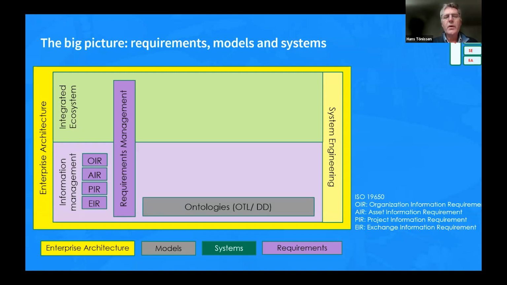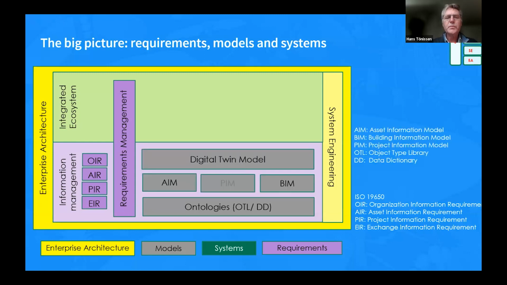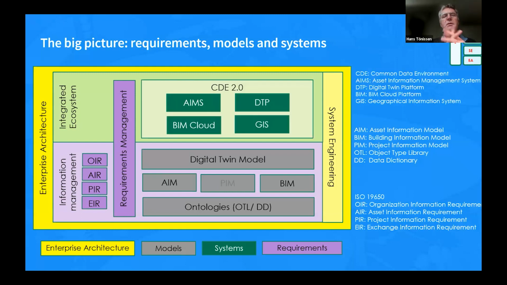built on ontologies, ontology type libraries, data dictionaries. Then you can make asset information models, building information models, and on top digital twin models. And you have to deliver your services from an integrated ecosystem.